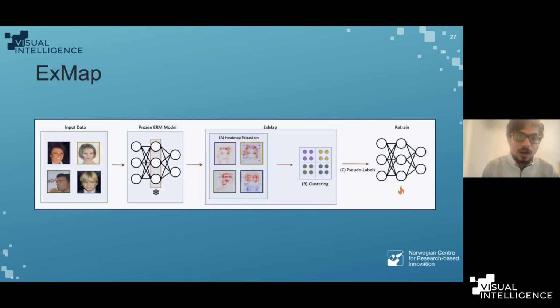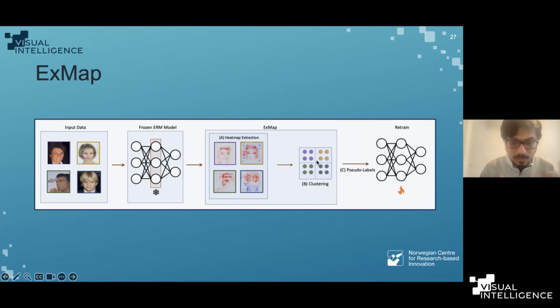This is where our core novelty lies: instead of classifying in the feature space, we cluster the heat maps, because intuitively the heat maps give us a sense of what features are relevant and what are not.